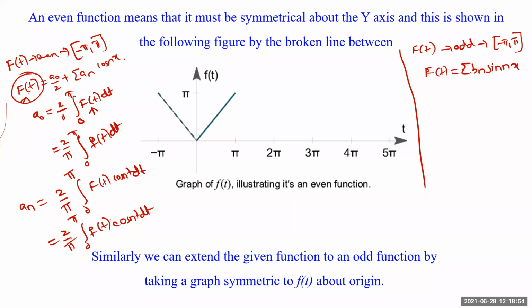And what is bn here? It is 2 by pi into integration from 0 to pi. We actually write capital F of t, but as we know, in the interval from 0 to pi, capital F of t and small f of t are the same. So we can replace it by small f of t into sine nt dt.